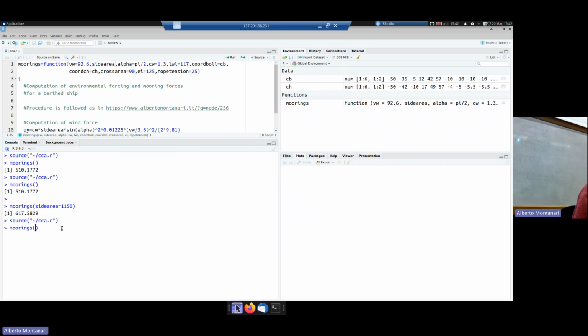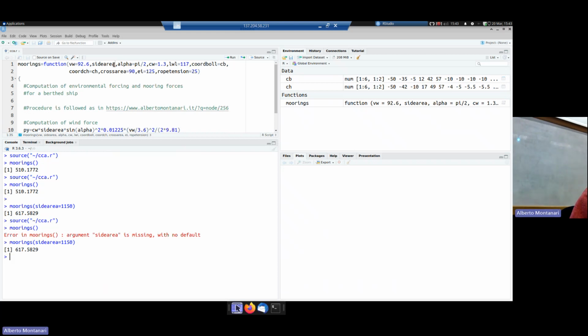If the function doesn't have a default for side area and I don't specify side area as an argument, it cannot work. Let's see what happens. You see, argument side area is missing with no default. If I give a value for side area, I get it.